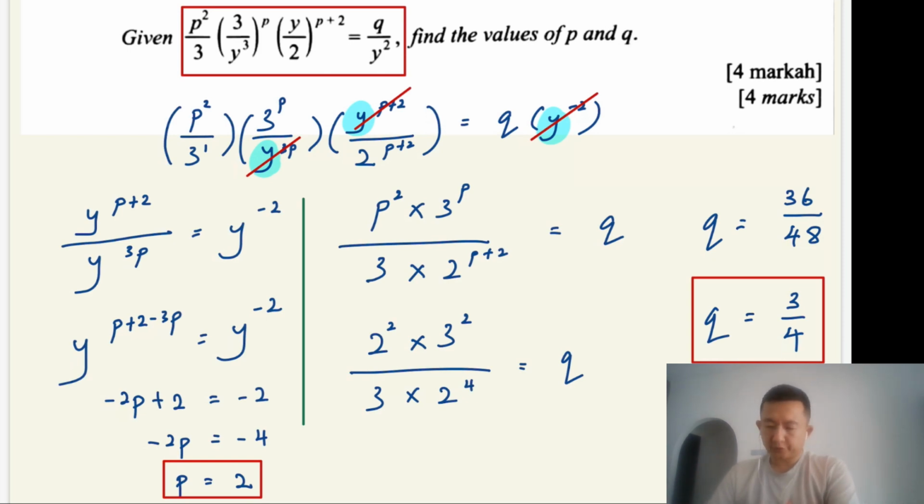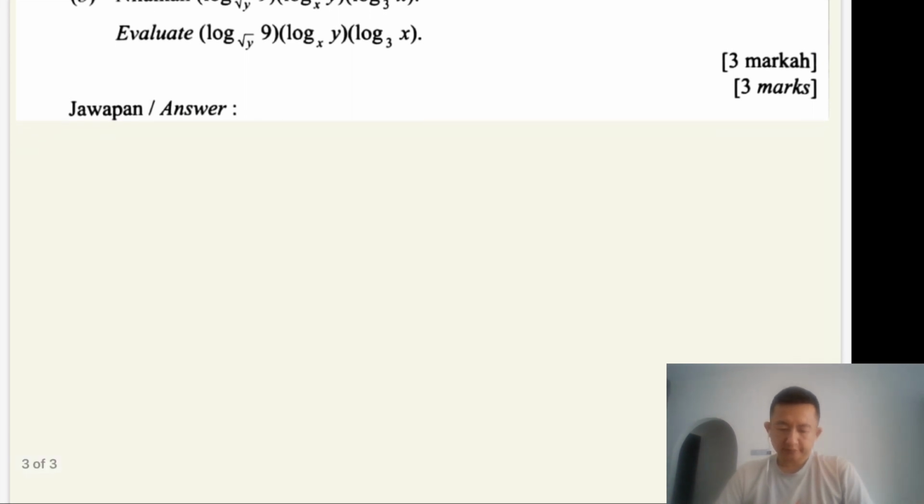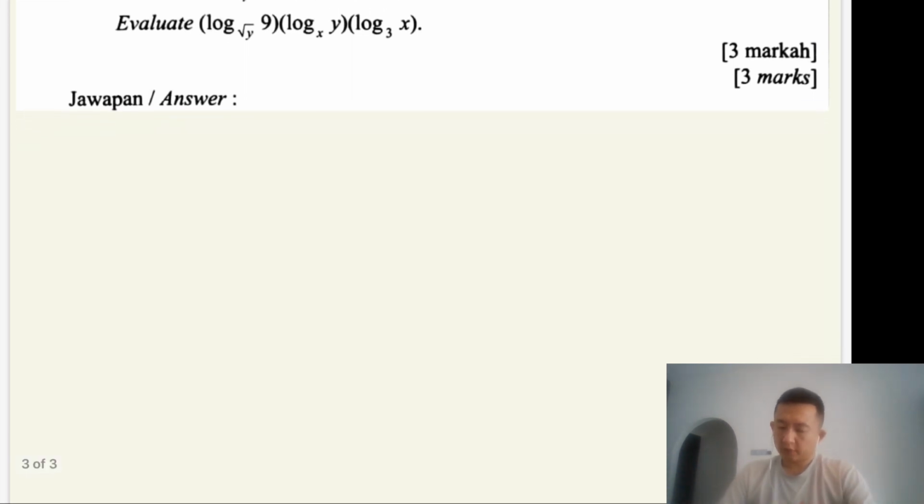Now we move on to question 1b. Logarithms. Evaluate. You see, in between the logs is multiply. So there's no way that you can collect all the logs into a single log by converting them to the same base using addition and subtraction, because it's multiplication.